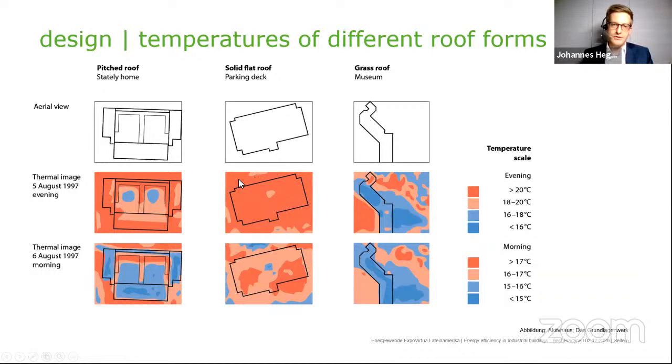So you nearly only see parts above 17 degrees. But if we are looking at flat roofs with green on them, we are getting different temperatures. You see in the morning it's quite cool, but also in the afternoon it's quite cool. And this means not only the roof is colder, but also the interior spaces and also the surrounding areas.